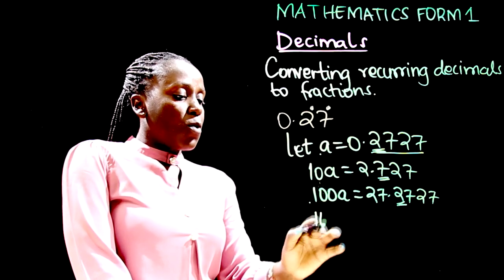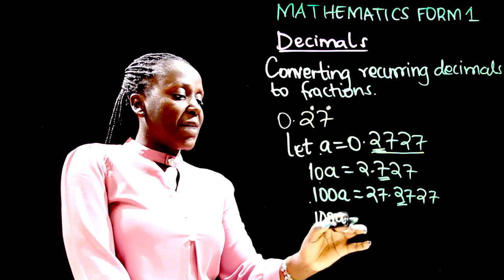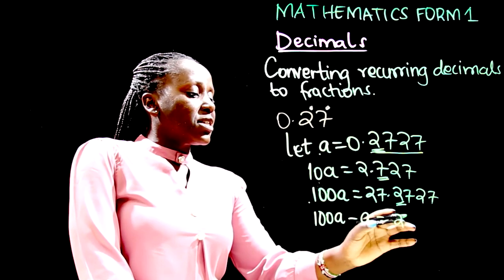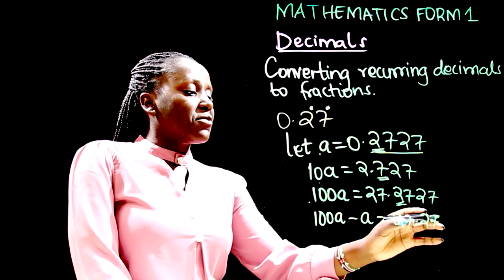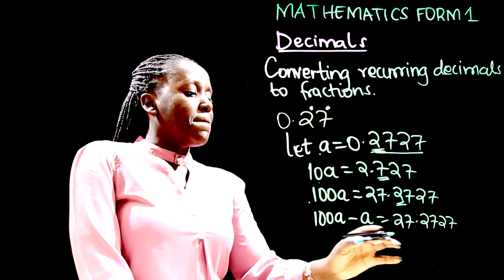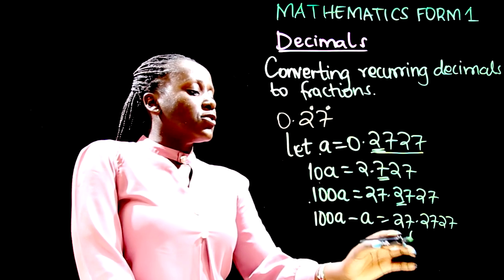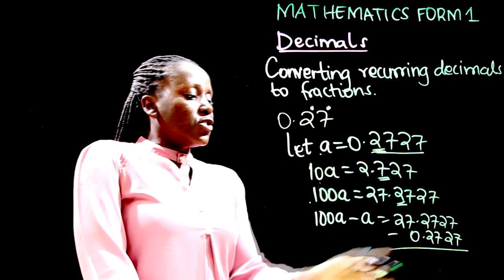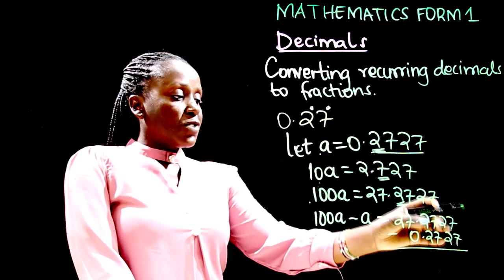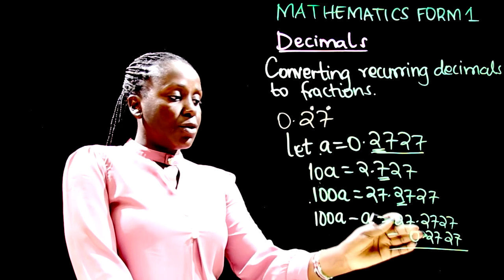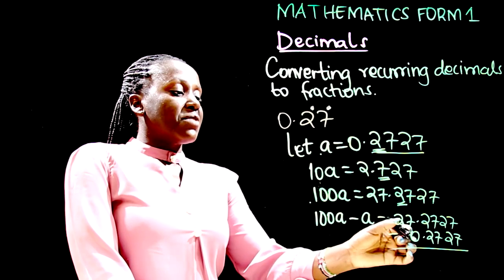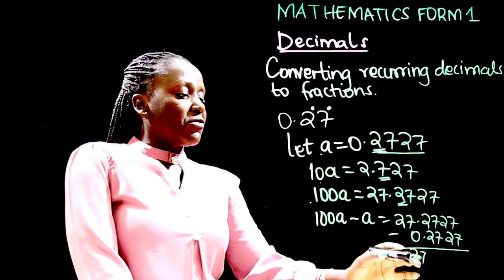So now we have 100A minus A, which is equal to 27.2727 minus 0.2727. So on this side, we are sure that if we subtract, we get a 0 because the numbers are literally the same. Then now 27 minus 0 is 27.